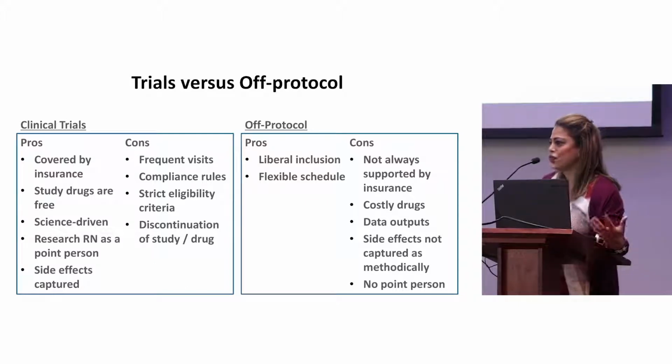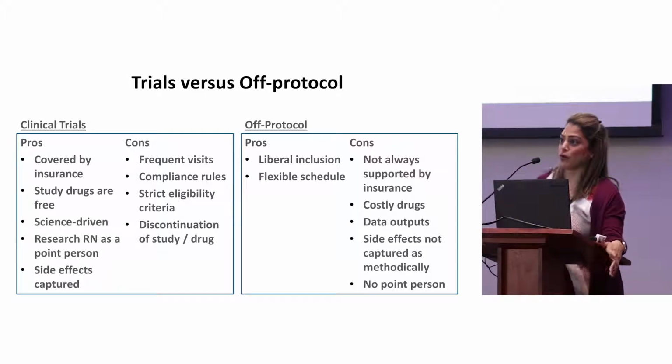The data outputs, how do you even interpret 4 patients who received a treatment not on a clinical trial? There's a lot of sort of, I'd say, criticism that happens when the study team tries to publish that. They'll say, well, you cherry-picked the 4 best patients or the 4 healthiest patients, et cetera, et cetera.